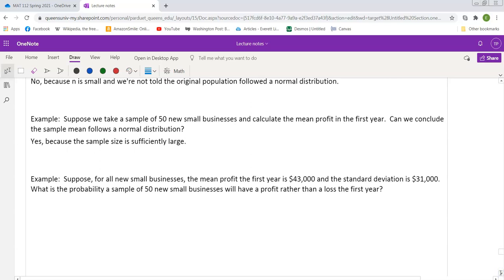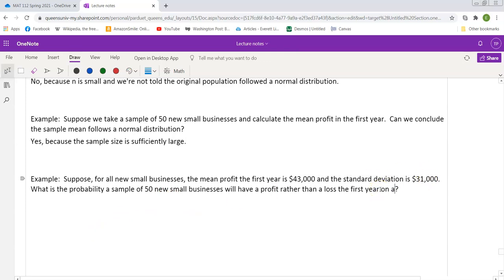So if we know that the sample mean follows a normal distribution, we can then find probabilities relating to the normal distribution, or relating to the sample mean. So in this next problem, we're asked to find the probability that a sample mean is in a certain range.